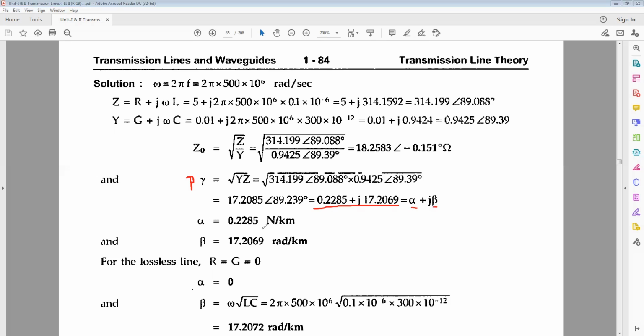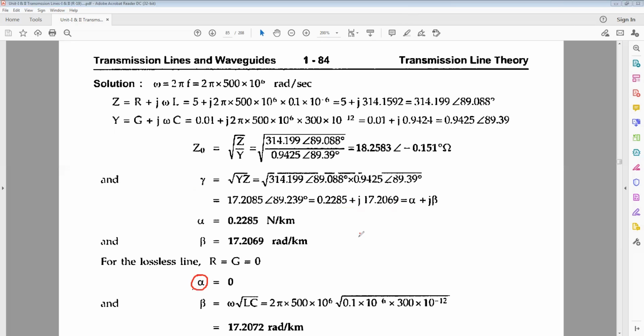Alpha we got is 0.2285 Nepers per kilometer, and beta is 17.2069 radians per kilometer. And they're also asking that for a lossless line, R is equal to G is equal to 0, then alpha is equal to 0.